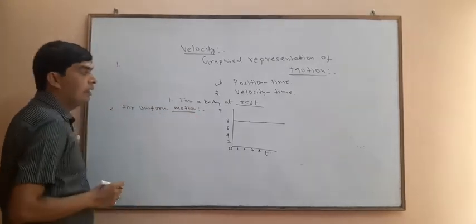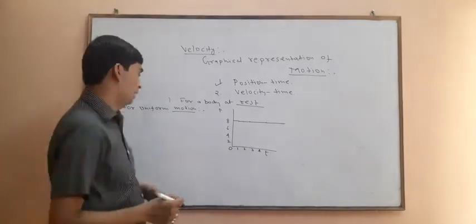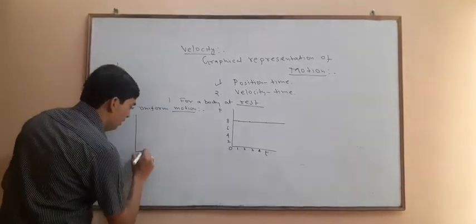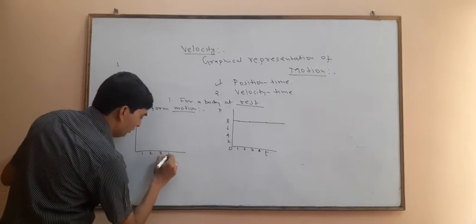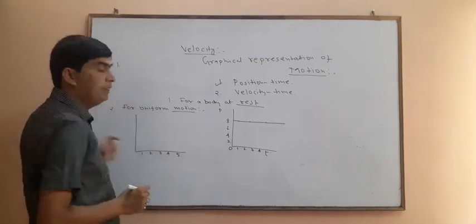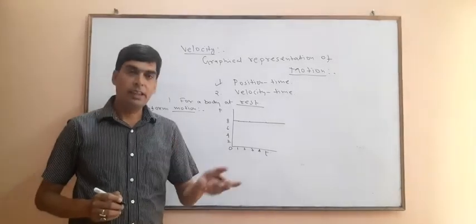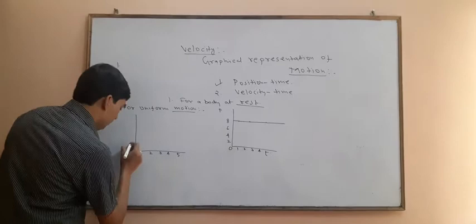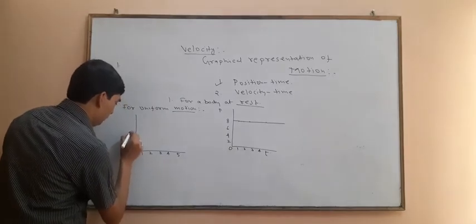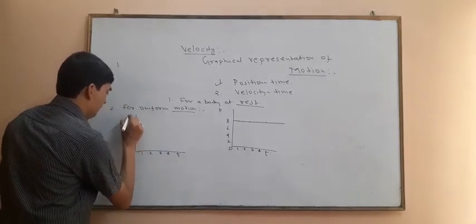When the body is in uniform motion, for the first, second, third, fourth second, if in every second the body is covering a distance of 2 meters, then the positions are 2, 4, 6, 8, 10.